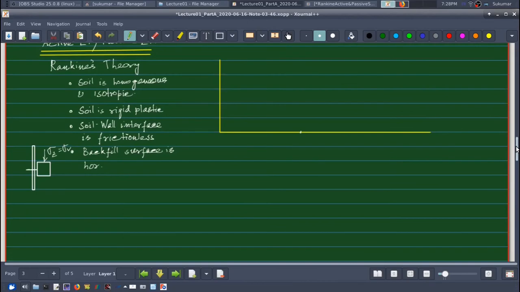Because it is at rest condition. So at rest I have sigma h equal to K naught times sigma v or sigma z. Now if I draw the Mohr circle for these conditions, then I will get a circle. So let me draw a circle. Let me take a dash dotted line now.